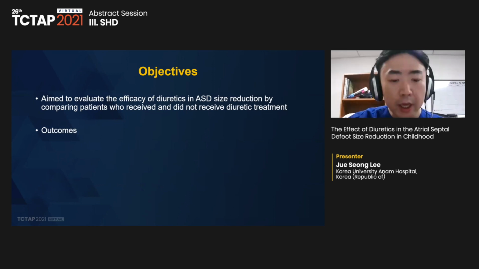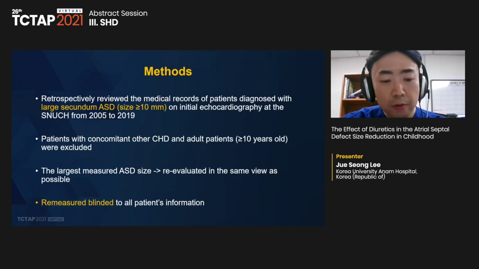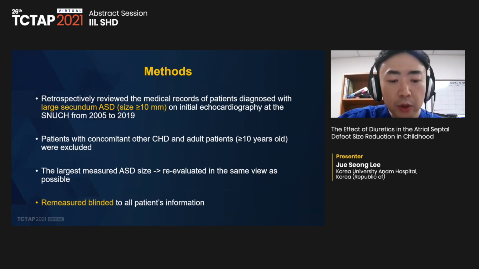So this study aims to evaluate the efficacy of diuretics in ASD size reduction by comparing patients who received and did not receive diuretics treatment and their outcomes. We retrospectively reviewed the medical records of pediatric patients diagnosed with a large secondary ASD. Patients with other concomitant CHDs and those aged more than 10 years were excluded.